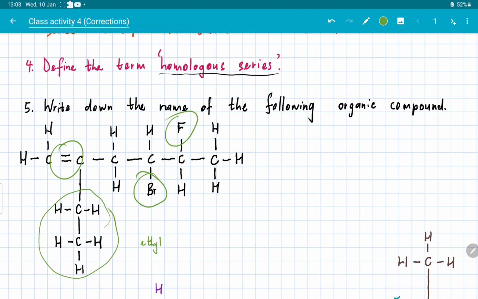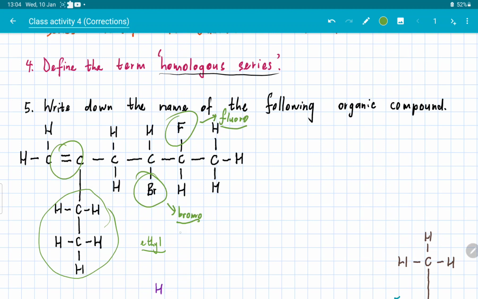And if you have a halogen substituent, it is bromo or fluoro. Then the last rule says that if you have multiple substituents, as in this case, go alphabetically when you name the organic molecule.